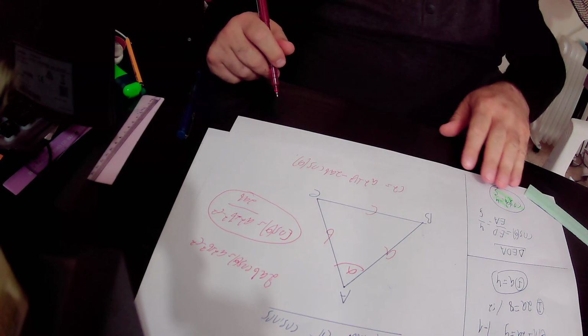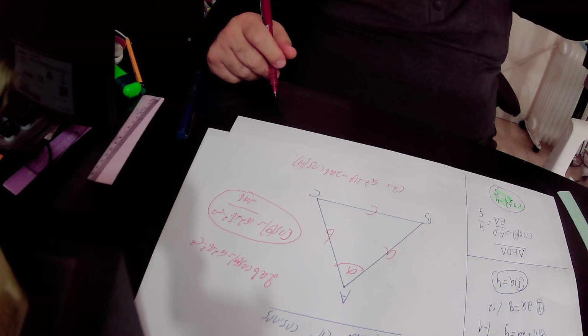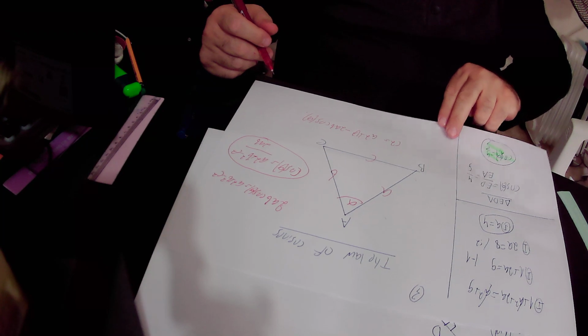Okay, so we can implement the law of cosines in triangle ECB.